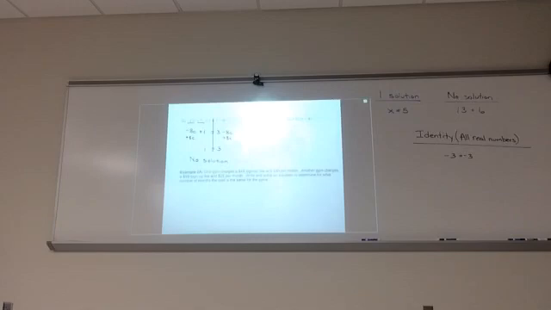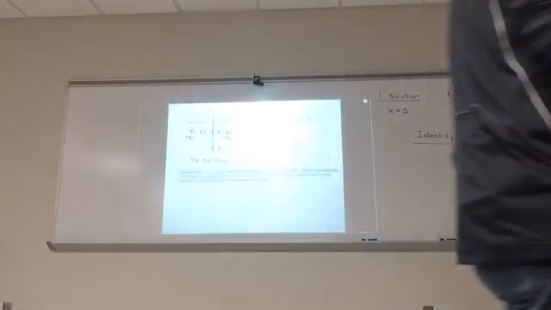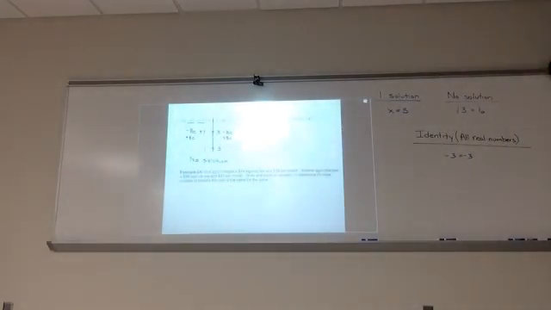You distribute, so 15b plus 3 times 4 would be 12. I've seen 2 correct answers. This is what I'm talking about. On your homework tonight, you've got to be able to distinguish what is what.